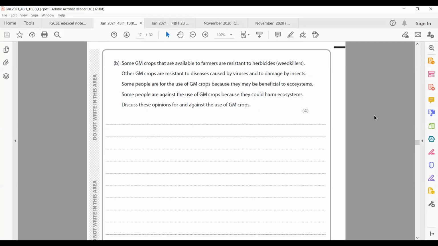في حاجة أنا حابة أقولها هنا، هو مش بيتكلم بس على الويد كيلرز، خليني أتكلم كمان على resistant to diseases caused by viruses and damage of insects. يبقى the farmers will not spray insecticides. يعني انت اتكلمتي مرة على الويد كيلر، another على الانسكتيسايد مثلا او الانسكتس، يبقى the farmers will not spray insecticides، ودي طبعا هتبقى كويس للenvironment. اوكي طب against.